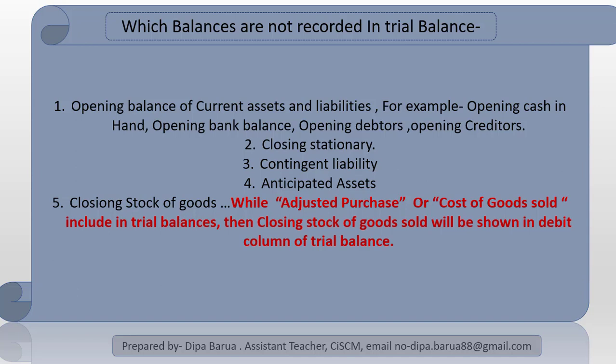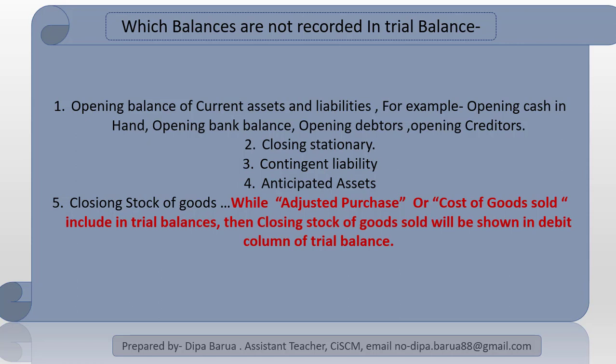Now you have to know which balances are recorded in trial balance. Let's see. Number 1, opening balance of current assets and liabilities. For example, opening cash in hand, opening bank balance, opening debtors, opening creditors. And number 2, closing stationery. And 3, contingent liability.